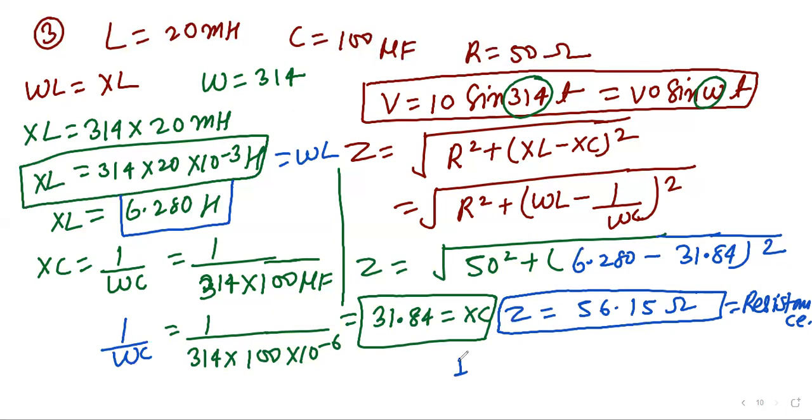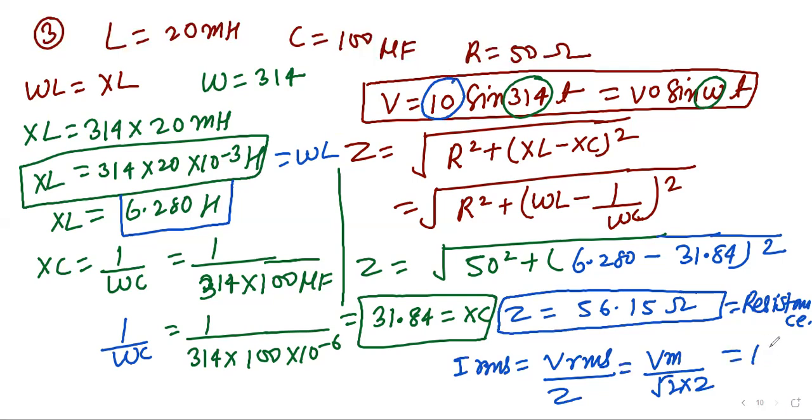So next will be the IRMS. It is VRMS divided by Z. So it will be V naught upon root 2 into Z. Now put the value. V naught, we know, is 10, right?